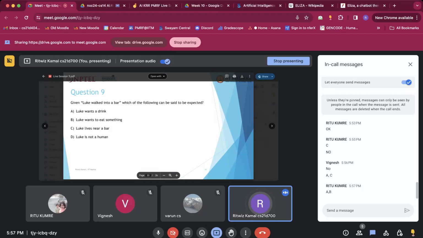So yeah, like I said, this question gives us a sentence and we have to select which of these options can we expect based on the meaning of the sentence that is usually stereotypically associated with the words involved in this sentence.